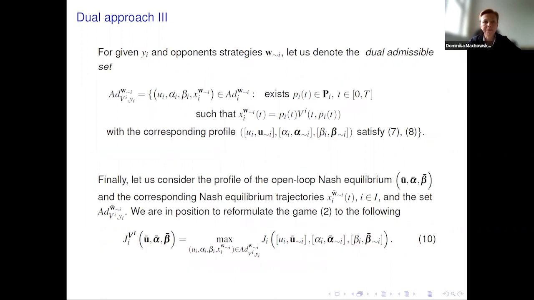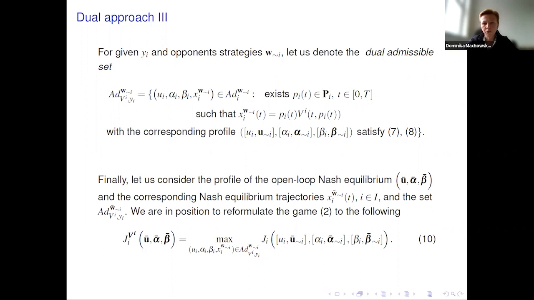And now, for given y and for given opponent strategies, we define the dual admissible set. This is the trajectory pi for which we have equality between the primal trajectory and the dual trajectory for a given dual value function vi with the corresponding profile of strategies.